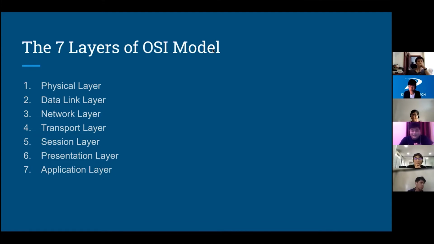The OSI model is used for global products to communicate with each other. Like if you create one product that uses another architecture, not the OSI model, and Mr. B creates another product that uses the OSI model, they cannot communicate with each other.